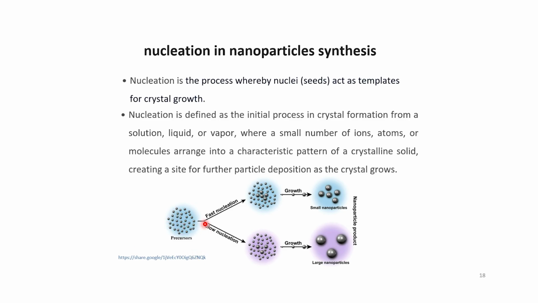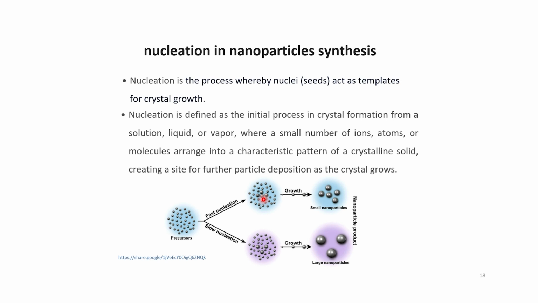So as you can see in the figure, precursors are being used and they can be fast nucleation or they can be slow nucleation. On fast nucleation, growth happens into smaller nanoparticles. On slow nucleation, growth happens into larger nanoparticles. So you are using a precursor, you are reducing, basically remember how you were creating your nanoparticle, you were reducing your solution and then you obtain some precursors, and you obtain some seeds, and then upon fast nucleation you form these seeds.